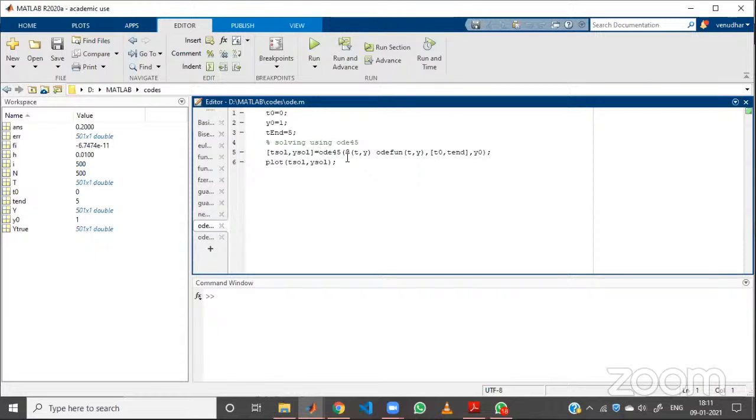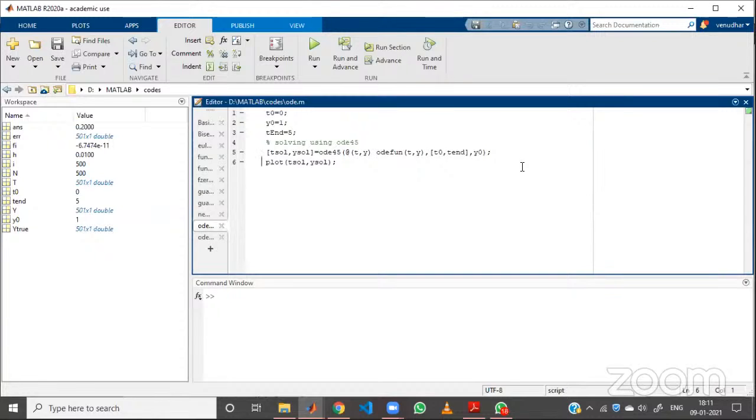For using ODE45, you have to write this syntax. Here t_sol and y_sol are the corresponding values of t and y, and you have to write @(t,y) odefun(t,y). odefun is nothing but the function name in which we are passing variables t and y. t0 to t_end is the interval where we want to plot the graph.